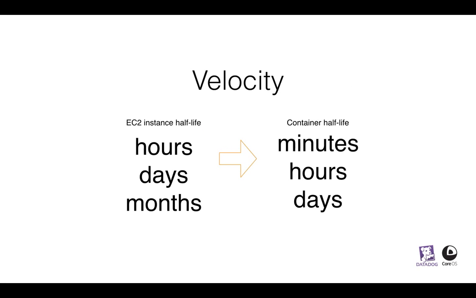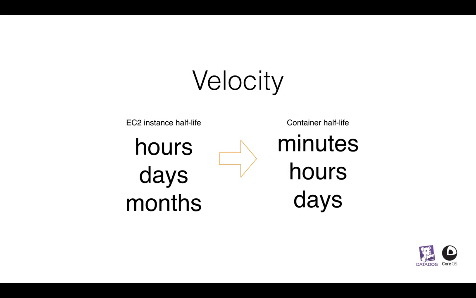To make things a little bit more difficult, there's the velocity of everything. If containers lived as long as your instances, then it might be possible to manage it using traditional monitoring tools. But they don't. These things last a lot less.